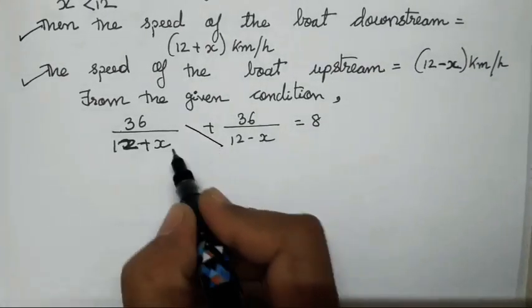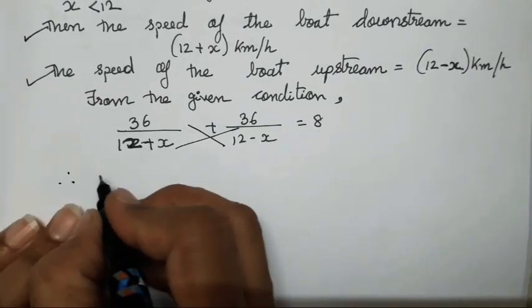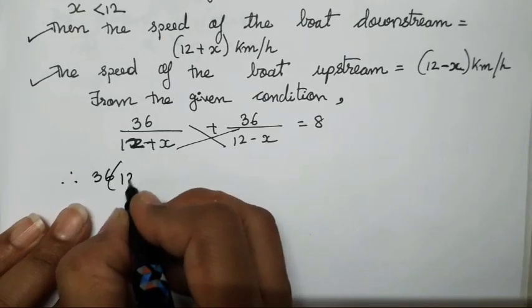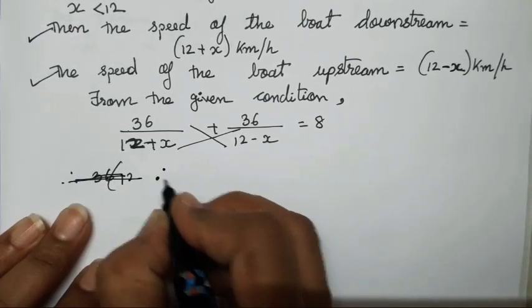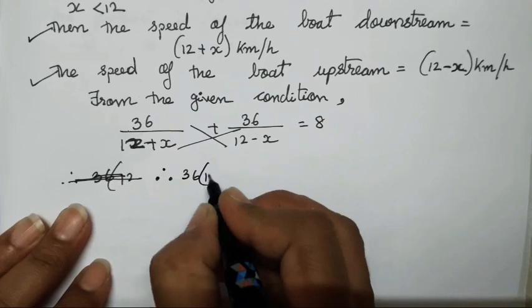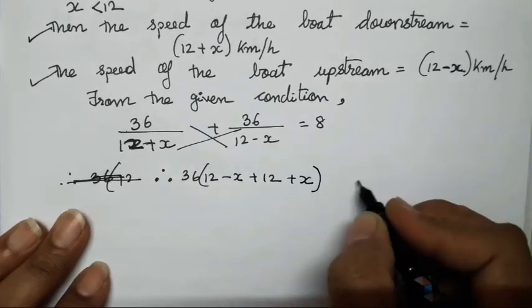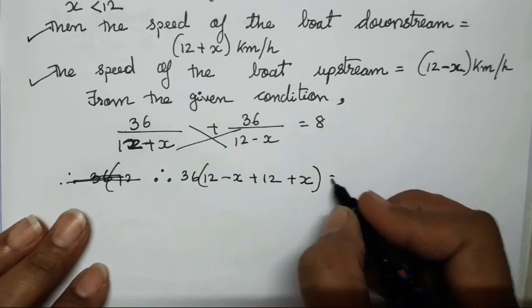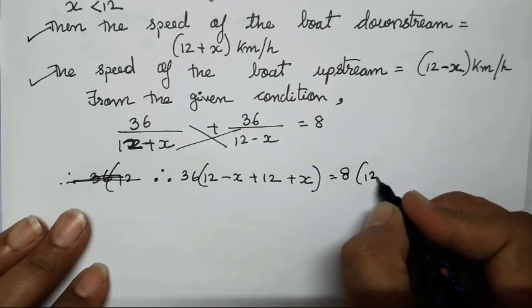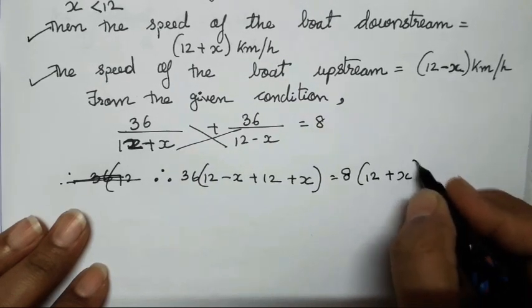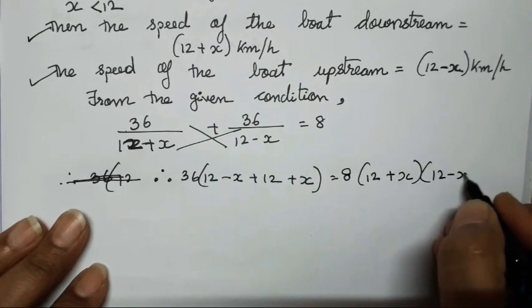Now we have to cross multiply. Therefore 36 over (12 minus x) plus 36 over (12 plus x) is equal to 8.